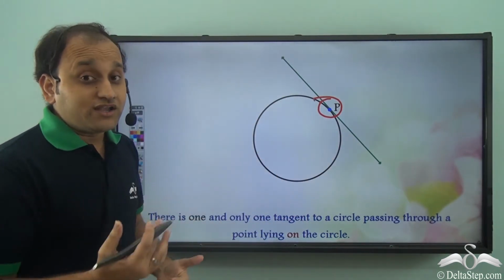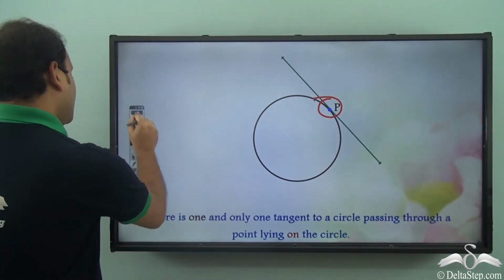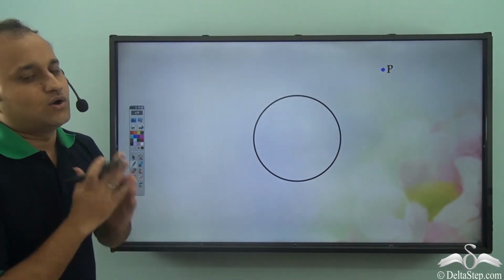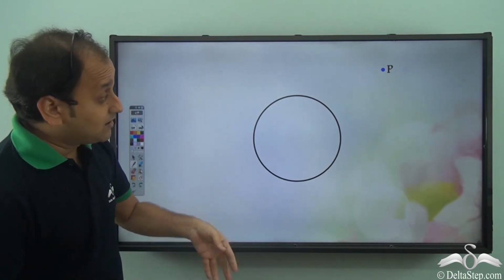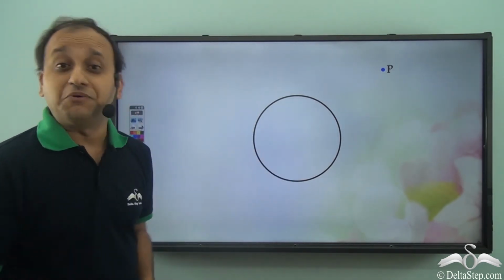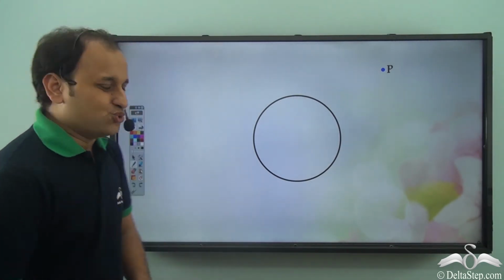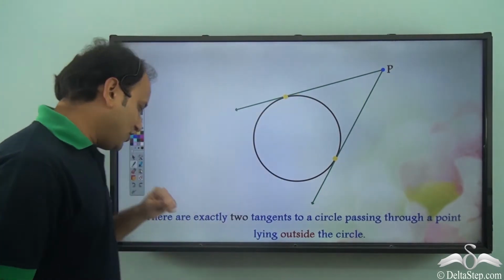But what if the point is outside the circle? Like this. So in this case, what do we have? How many lines can pass through it which can become tangent to this particular circle? Well, there will be exactly two. Like this. So what do we have here?